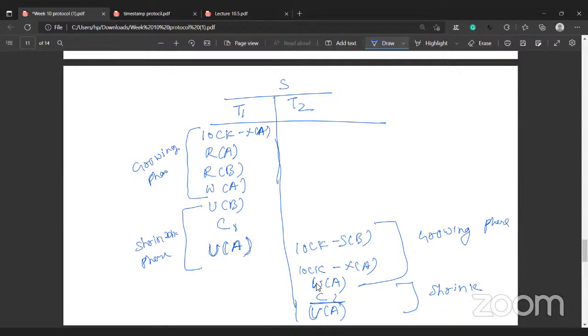So everyone got it? Yes, sir. Okay, so let's see another example. Suppose the commit operation comes after unlock C, after unlock A. Is this strict 2PL?